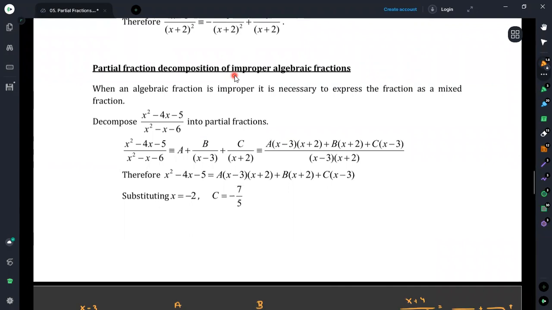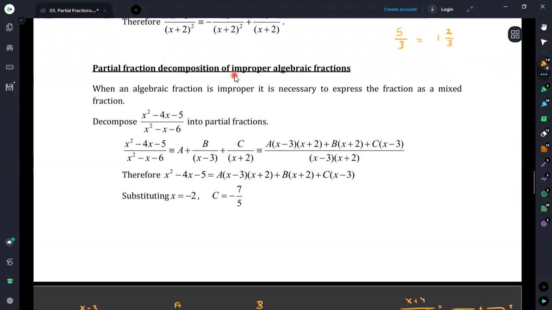Here, when an algebraic fraction is improper, it is necessary to express the fraction as a mixed fraction. Suppose that we have an improper fraction as 5 over 3. If we convert it to a mixed fraction, then we'll get 1 and 2 over 3.